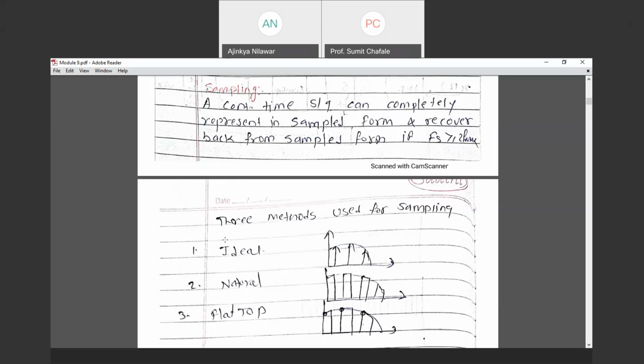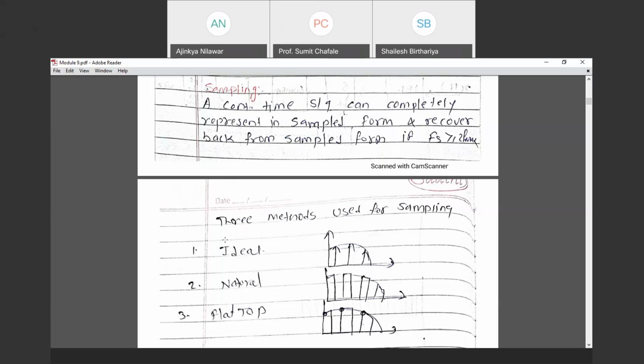But in simple language, suppose we have three inputs: 10, 20, 30. What is the maximum value? 30. Then the sampling frequency should be twice of 30, that means 60. For 10 also there is 60, for 20 also 60, and for 30 also 60 sampling frequency. So f max represents, suppose there are n inputs, the maximum value of the frequency.